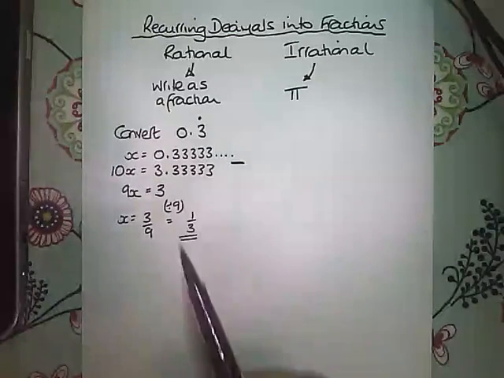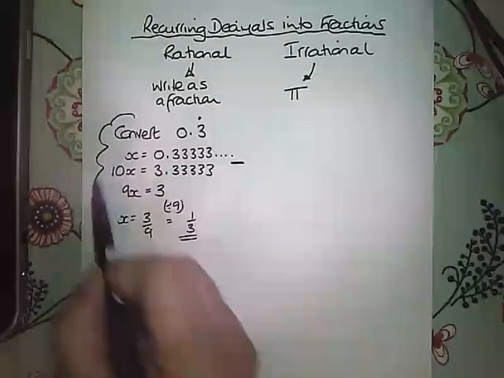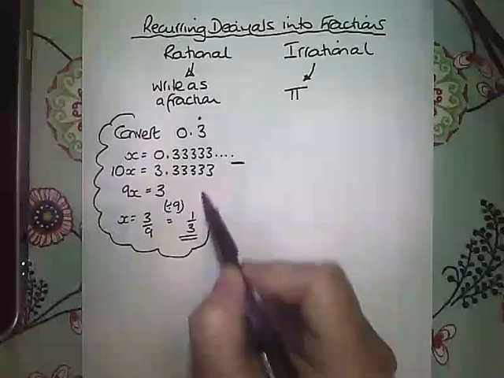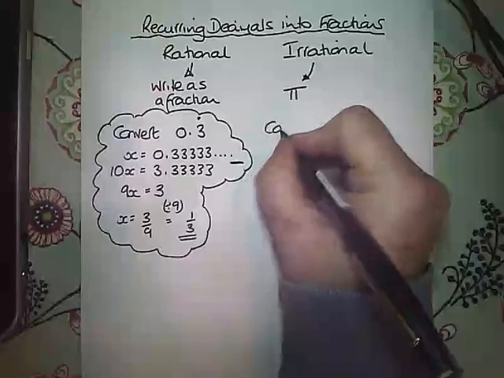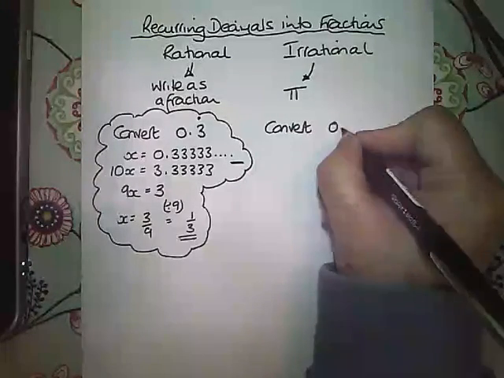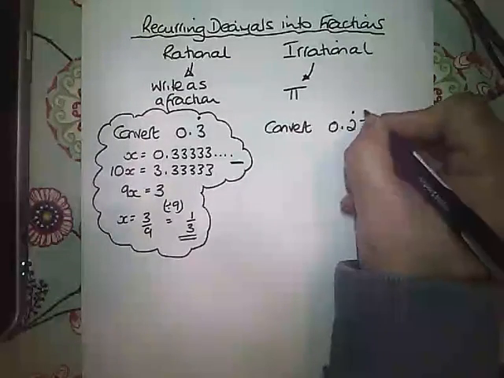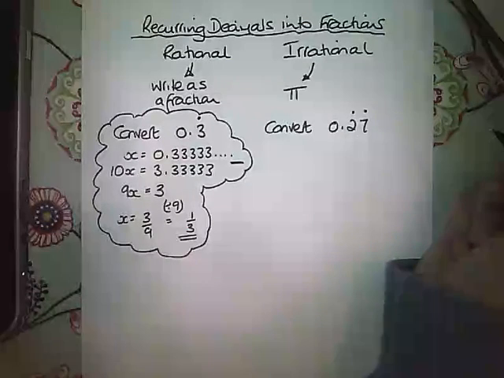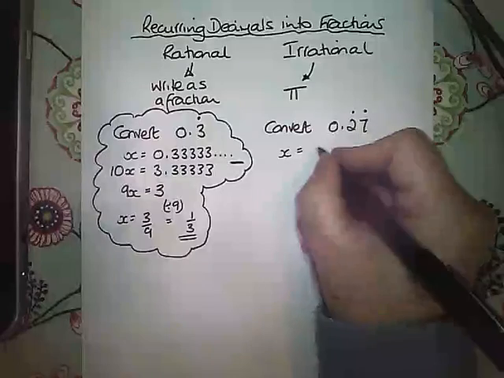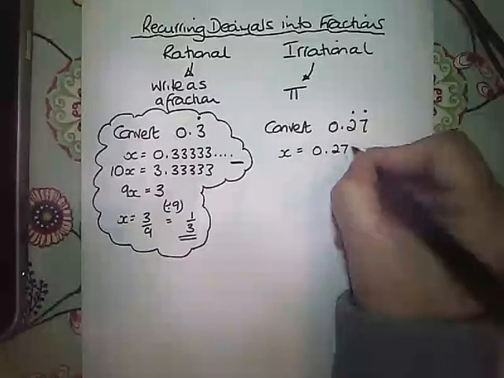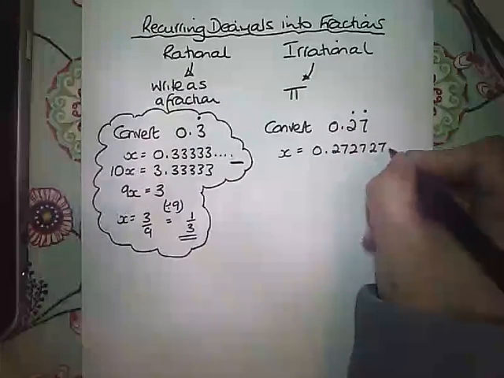We're going to use a similar method for something that recurs in a bit of a longer sequence. So if we look at this one, convert 0.27 recurring into a fraction. This time we've got the 2 and the 7 recurring. So we start off with our algebra. x is equal to 0.272727, and so on.